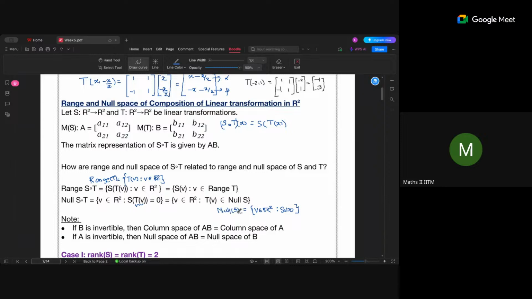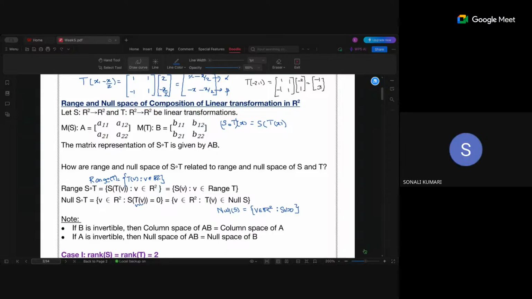But the definition of null of S is the set of V in R2 such that SV equals 0. So now in place of V, you have TV, and you see that TV belongs to null of S. So do you understand the definition of range and null of S composition T written in this way? Is the definition clear to everyone? Yes?